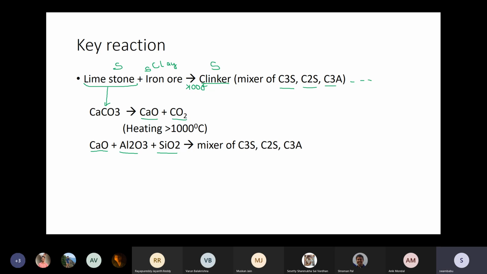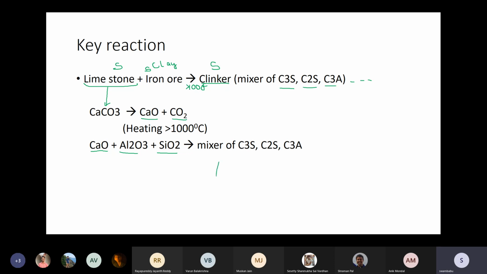Although a reaction is happening, it is a solid to solid interaction, just heating only. We don't need any separate reactors. A simple solid heating instrument is sufficient. Any guess from the students?